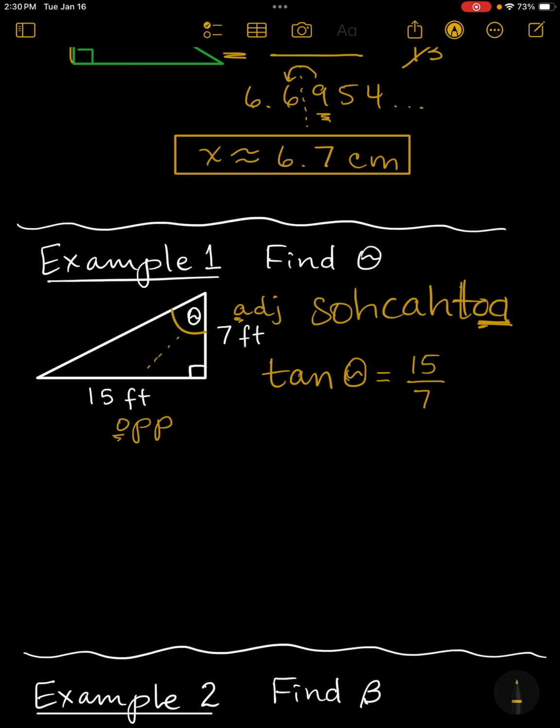It doesn't work. It's an operation. So the way we undo it is to take the inverse tangent of both sides. And I like to do both sides separately. So that's what cancels the tangent out. And we have theta equals inverse tangent of 15 over 7.